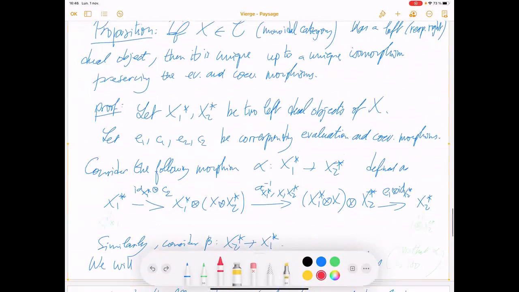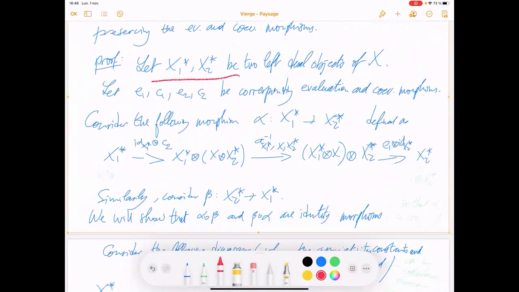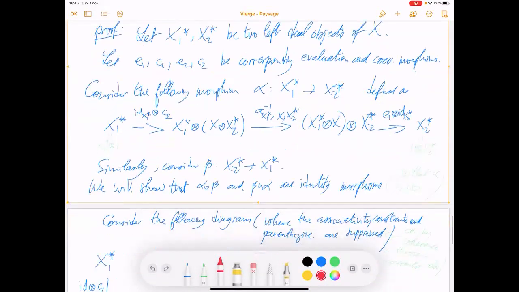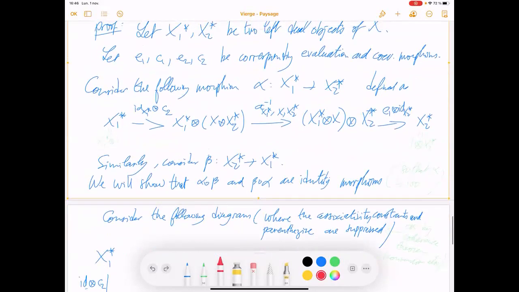Okay. So you take two, assume you have two duals, x1 star and x2 star. These are the evaluation and co-evaluation for x1 star, and the evaluation and co-evaluation for x2 star. You can make a morphism from x1 star to x2 star by combining E1 C2 or C1 E2, instead of just taking E1 C1, which makes the identity.